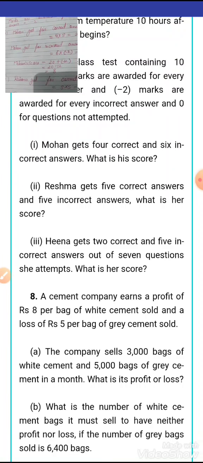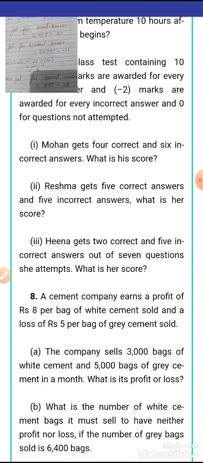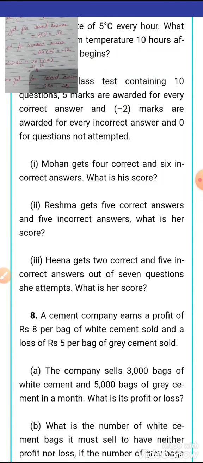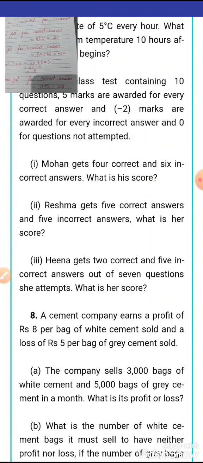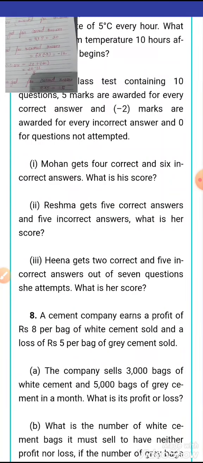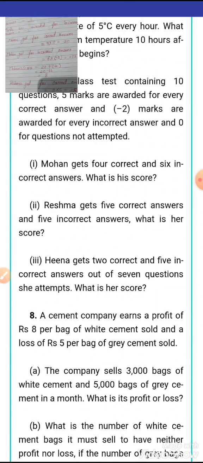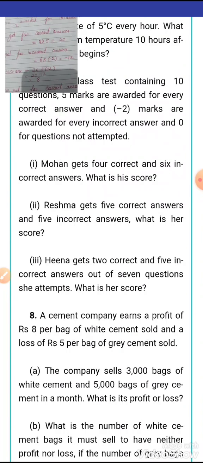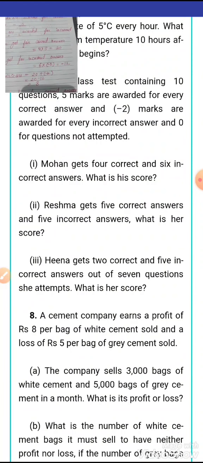And Mohan got for incorrect answers 6 multiplied by minus 2, because he did 6 incorrect answers and for every incorrect answer the marks awarded is minus 2, so his score for incorrect answers is minus 12. For his final score, we have to add the scores for the correct and incorrect answers. So his final score is 20 plus minus 12. As we know, plus minus is minus, so 20 minus 12, and his final score is 8.